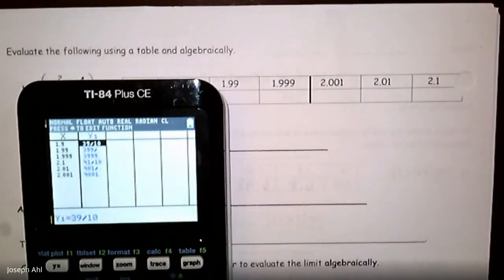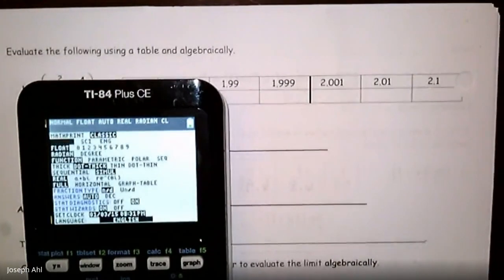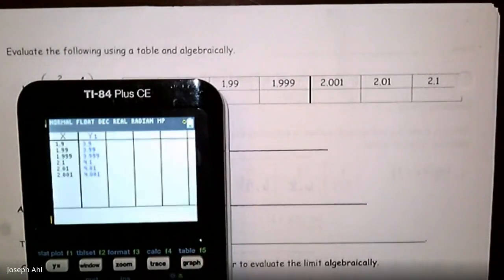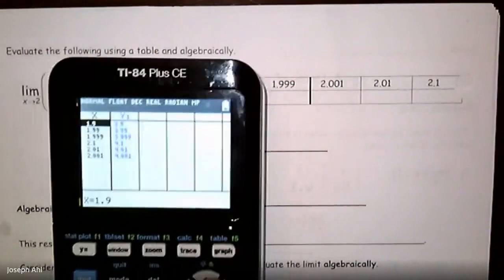Nope, those are still fractions. Huh. All right, something in the mode. We want decimal answers. If you're getting fractions like me, maybe if I change that to decimal, I could still do math print then. Sorry, this is taking me a minute to remember how to do. Okay, there we go. We get some nice decimals there.